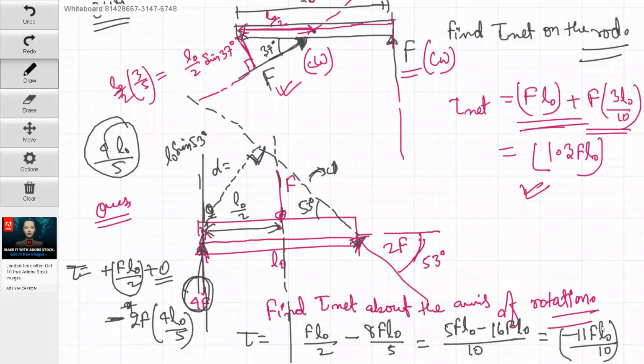Is this okay? So the torque is coming negative. It means that the rotation will be anti-clockwise. Try to do all these things at your home also. You have to do it. Is this all right? Good.